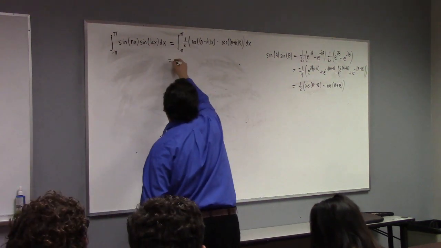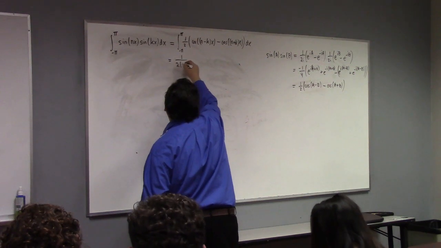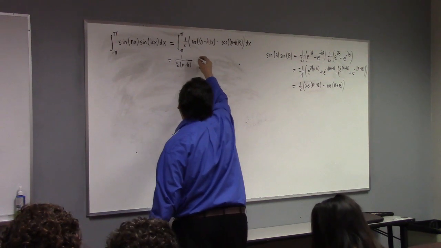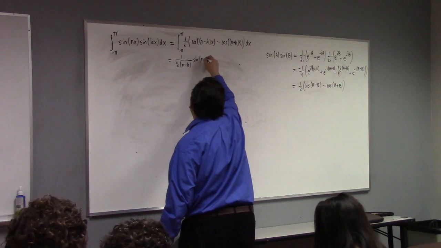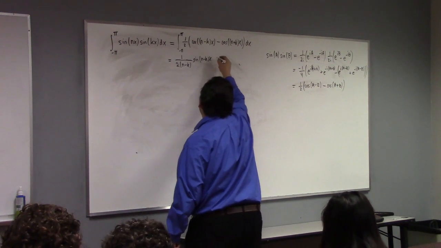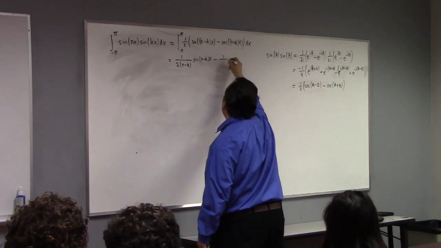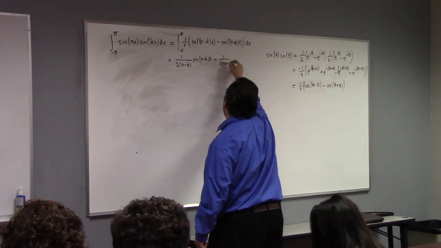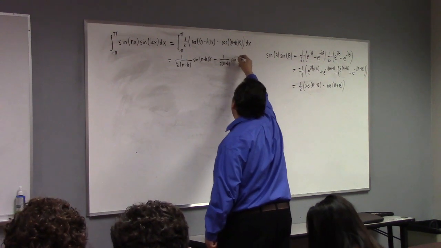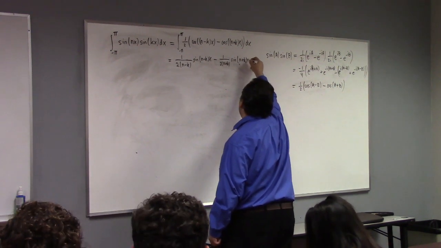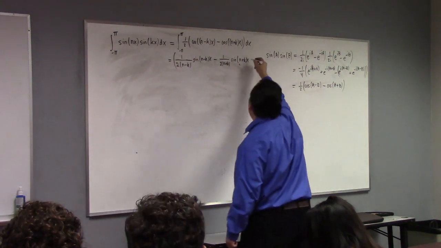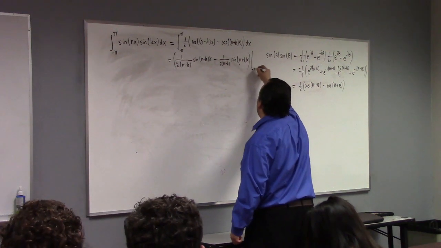And you guys can do that integral, right? 1 over 2 times n minus k, sine of n minus k times x, minus 1 over 2 times n plus k, sine of n plus k times x. Take all of that, evaluate from minus pi to pi, what do you get?